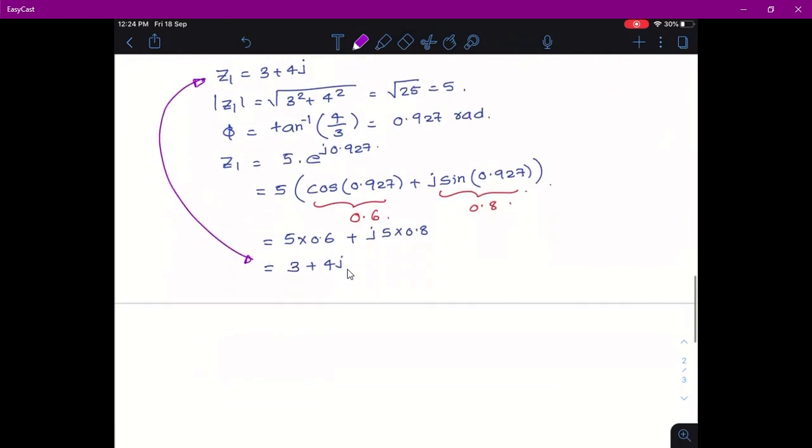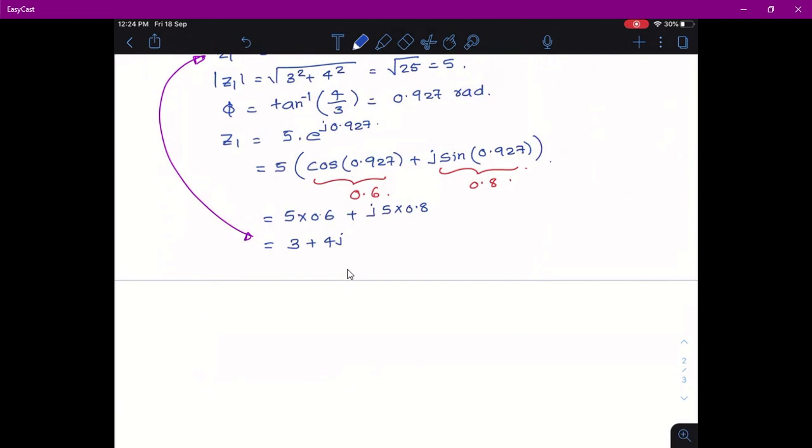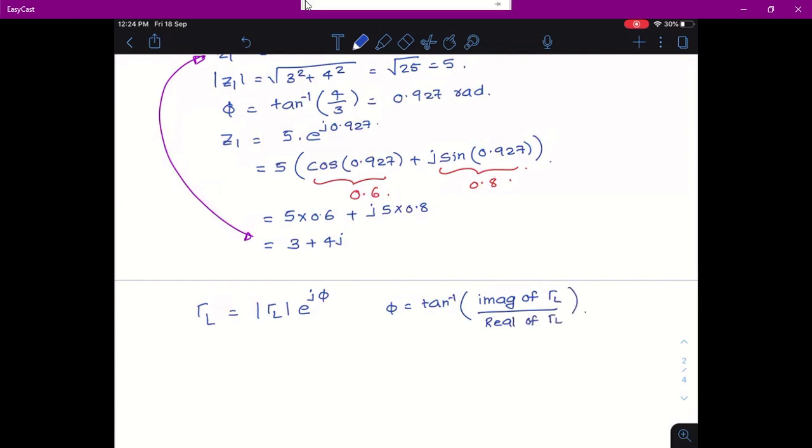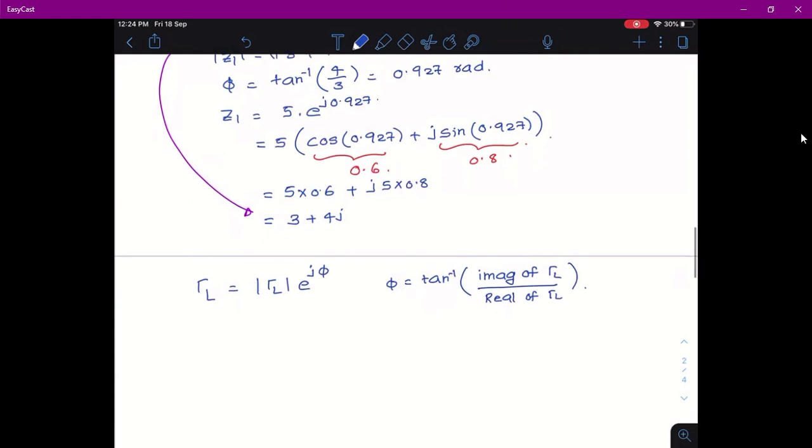Fine. So, tau L is complex. So, I can represent tau L as the magnitude of tau L multiplied by e raised to j phi. Okay. Since tau L is complex, phi is actually tan inverse of the imaginary part of tau L by the real part of tau L. Okay.